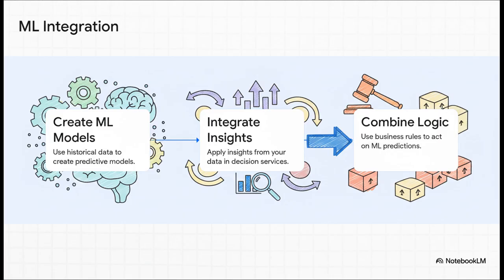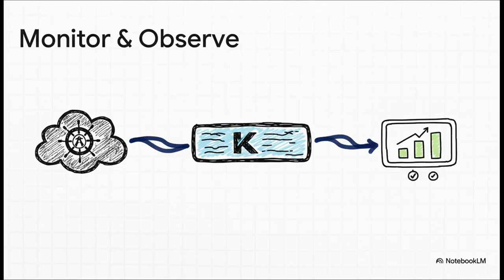And you might think that sounds complicated, but it's actually more straightforward than it seems. You start with your ML models, then you pull their predictive power right into your decision services, and then you use your normal business rules to act on what those predictions are telling you. It's truly the best of both worlds, data science and business logic, working together. And the new stuff doesn't stop there. Version 9 is built for the world we live in now, a distributed one.